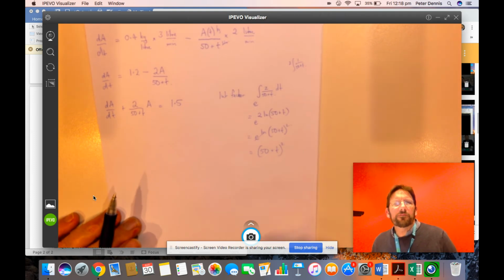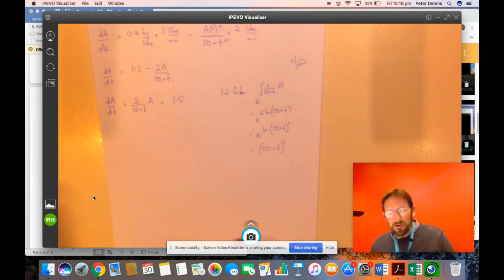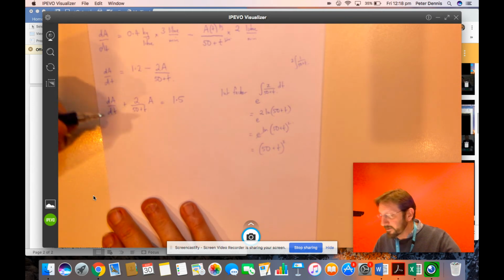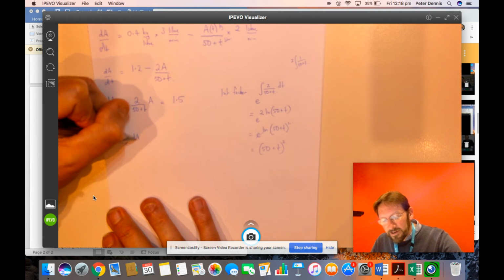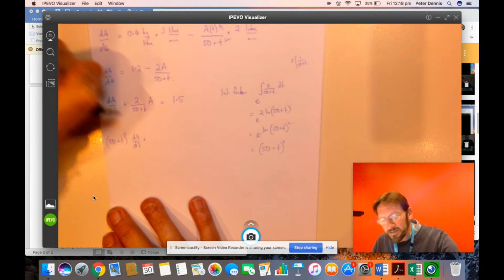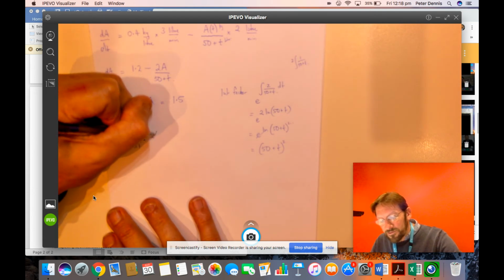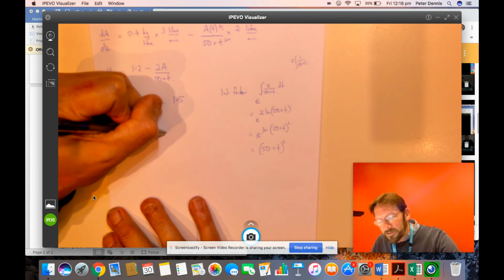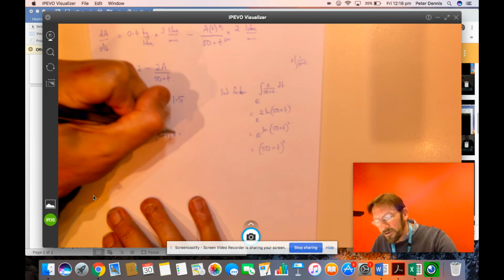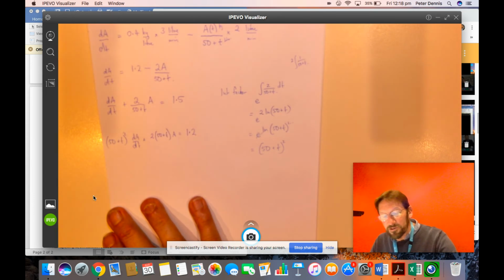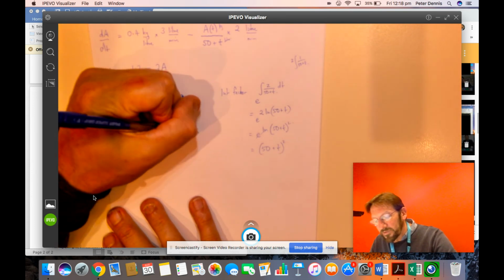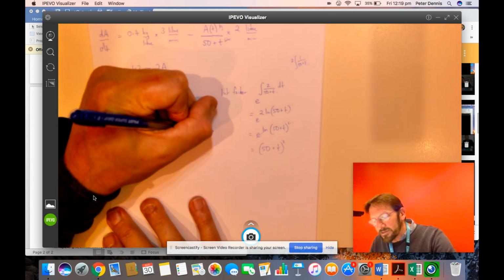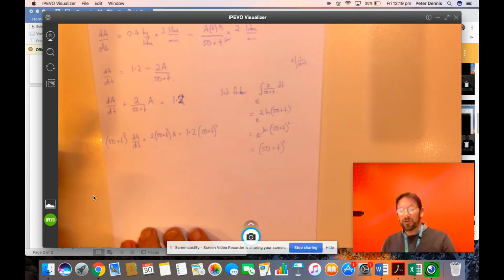And if you remember this stuff with integrating factors, what do we do with that? We multiply everything by that. So what we get is 50 plus t squared dA/dt plus 2 times 50 plus t times A equals 1.2, I think it should be. I don't know where I got 1.5 from. 1.2 times 50 plus t squared. So I multiplied everything by that.